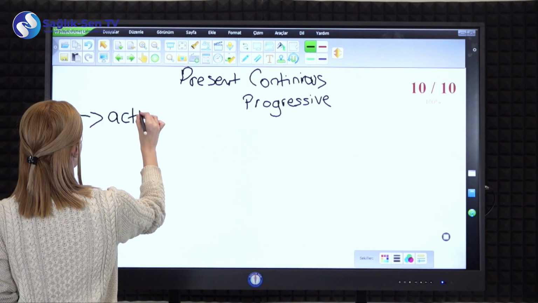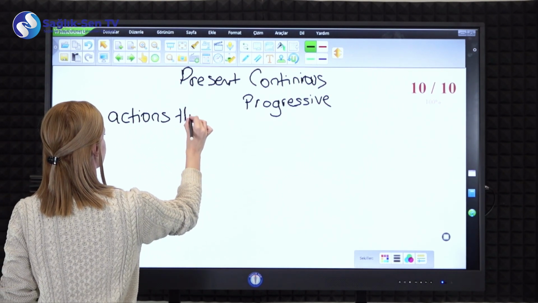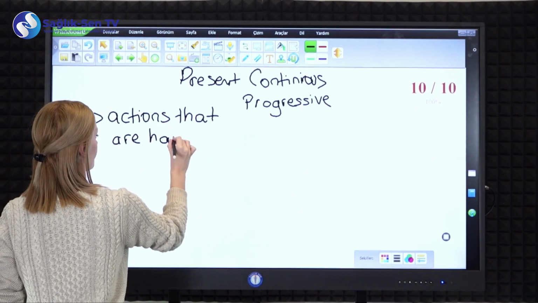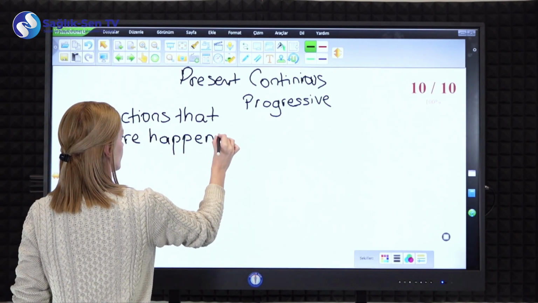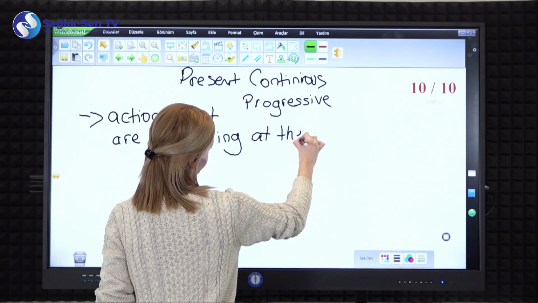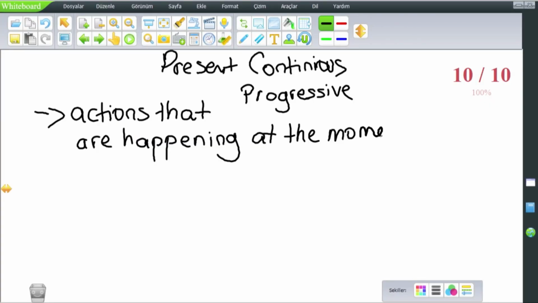Actions that are happening at the moment. Yani şu an gerçekleşmekte olan eylemleri anlatırken kullanıyoruz.